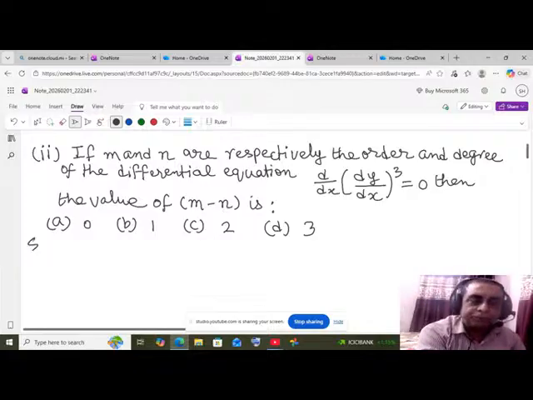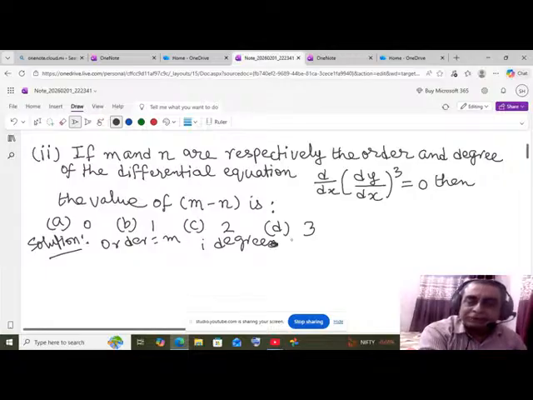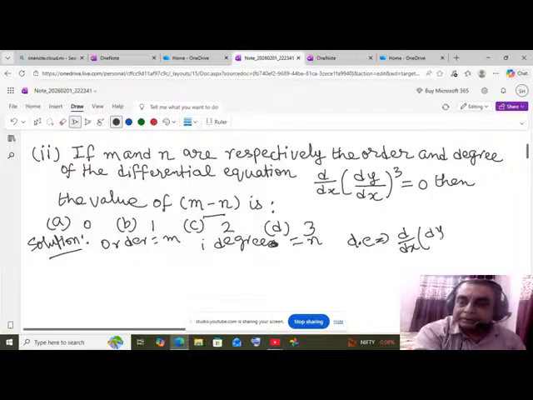We are told that the order of the differential equation is m and the degree is n, and we are asked to find m minus n. The differential equation given is d/dx of (dy/dx)^3 equals 0.